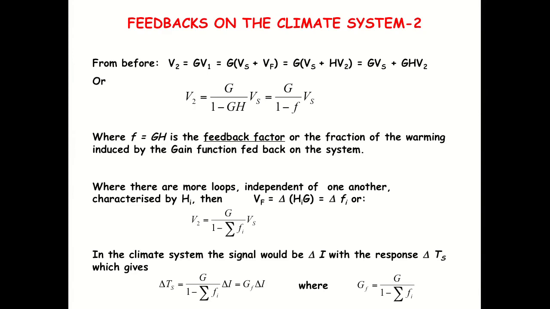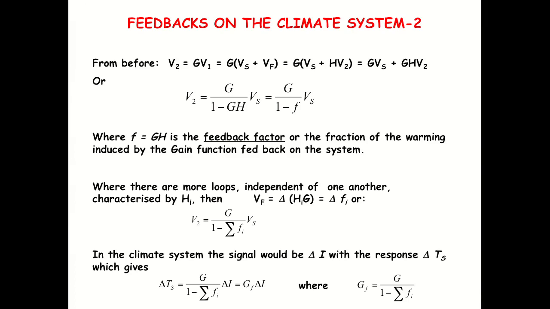Let's first of all just write down the output signal, V2, as simply G divided by 1 minus GH times Vs, the input signal. And we're going to take the product of G and H and call it F. And that's what we call the feedback factor of the system. It's the fraction of the warming, based on our discussions, induced by the gain function fed back on the system. So GH is just F, the feedback factor.